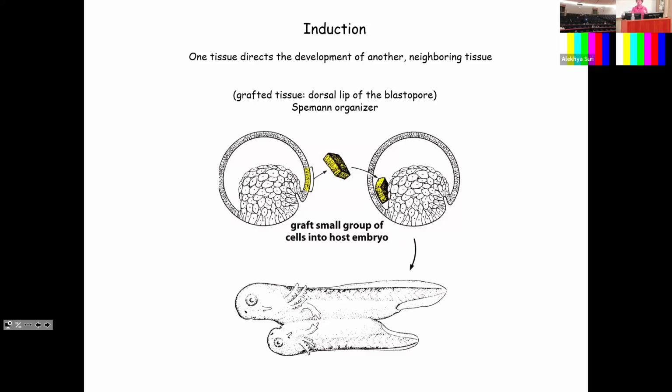So what he concluded out of this experiment, it's a simple experiment, but important in conclusion, is that this region is a highly inductive region that could create, not with these cells, but with the host cells, another embryo, okay? So that's a little bit about the process of induction.